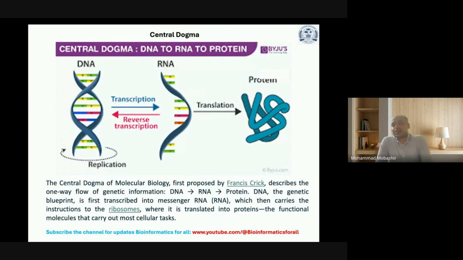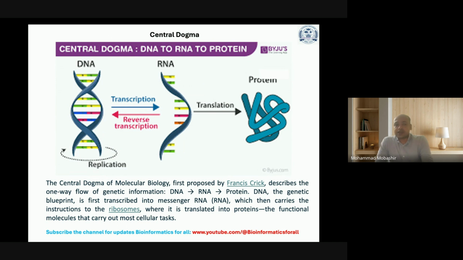Now, what is central dogma? Central dogma is basically the formation of RNA and protein. Stepwise you can see DNA to RNA and then RNA to protein, and DNA to DNA. DNA to DNA is replication, DNA to RNA is transcription, and RNA to protein is translation.